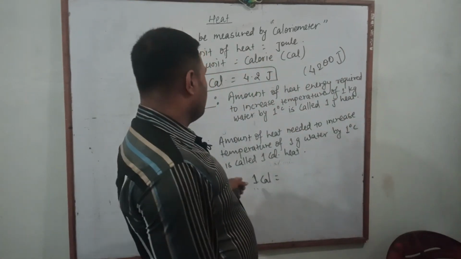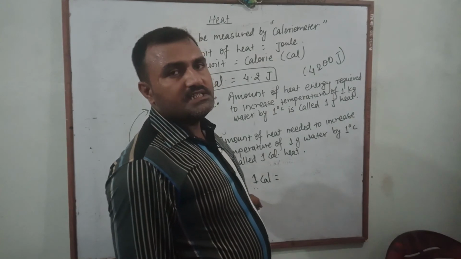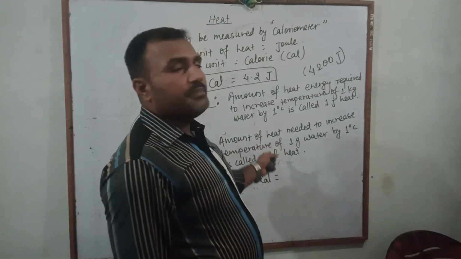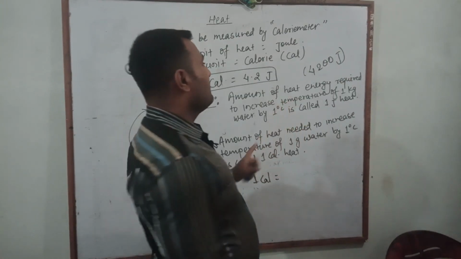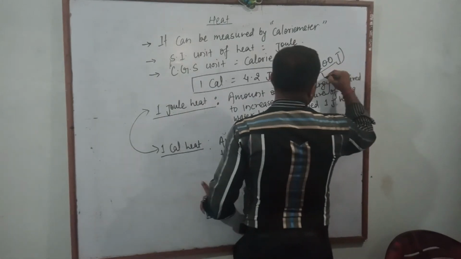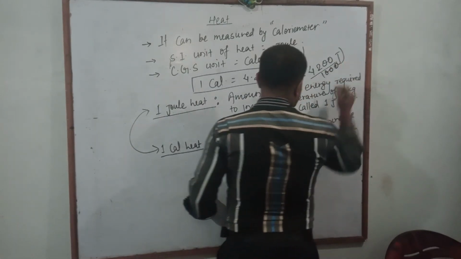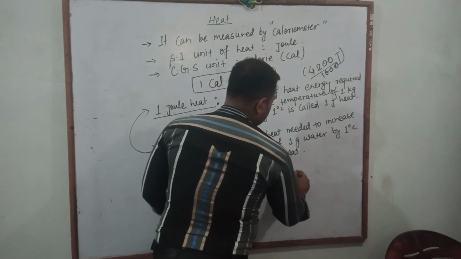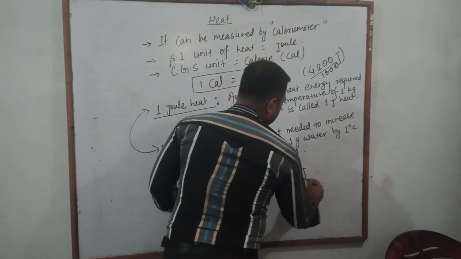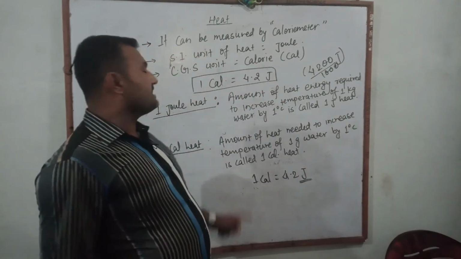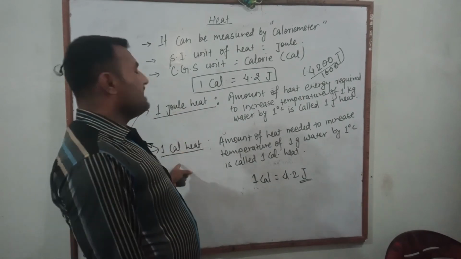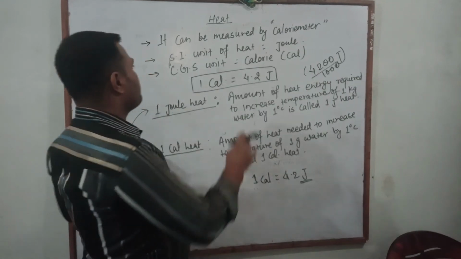And in this way, how much heat is needed to increase the temperature of 1 gram of water? Divided by 1000, so 4.2 joule we can write. This is called the relationship between the SI unit and CGS unit of heat.